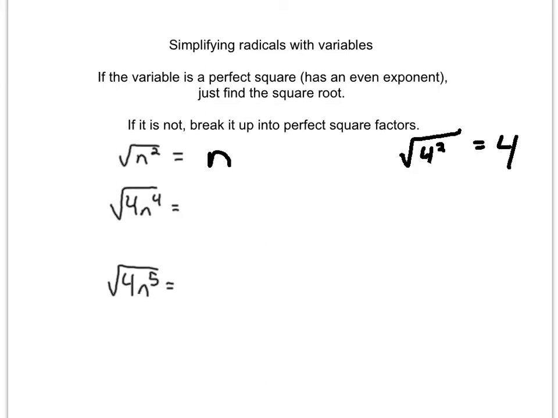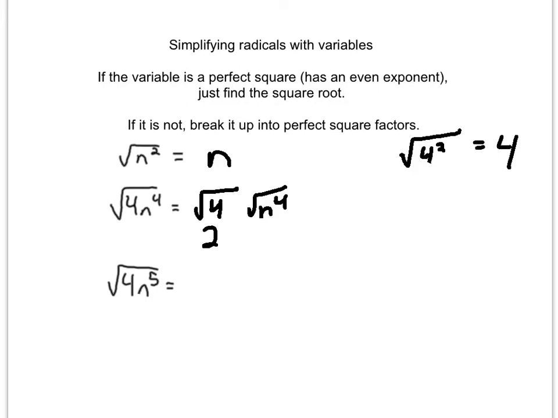Now here, we've got the square root of 4 times n to the 4th. That's the same as the square root of 4 times the square root of n to the 4th. We know the square root of 4 is 2, and the square root of n to the 4th means what times itself will give me n to the 4th.